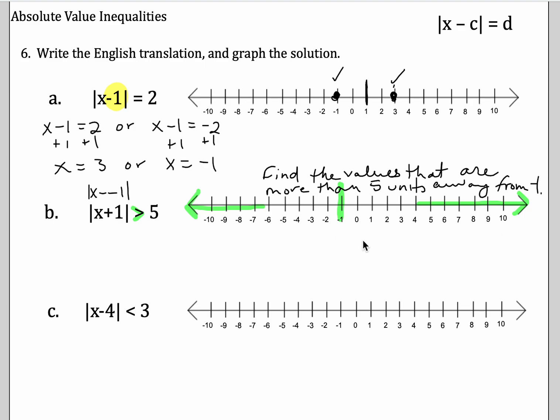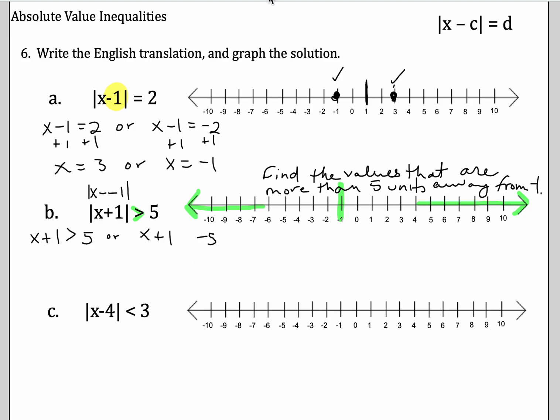So thinking about that in English is going to help us understand what happens when we do the algebra for it. So we know that I can split this algebraically again. I can say that x plus 1 is greater than the positive case 5, or x plus 1 is more than the negative distance, or -5.